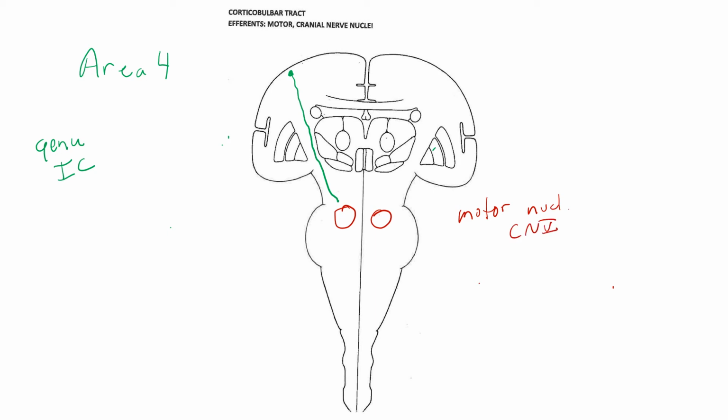When we look at innervation associated with cranial nerves, and we talked a little bit about this way back in Unit 2, we can have a direct innervation where the nerve comes down and goes directly to the nucleus. But we can also have an innervation where we have a synapse and then the second neuron goes to the nucleus.